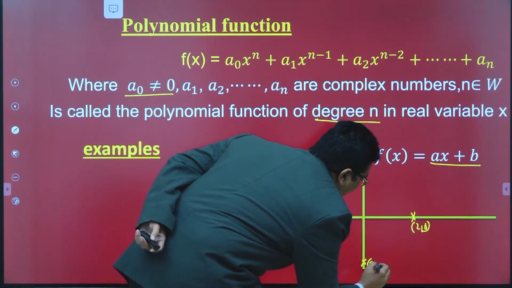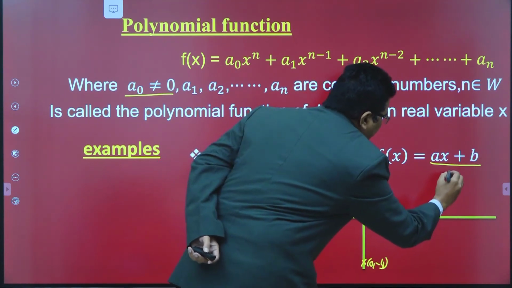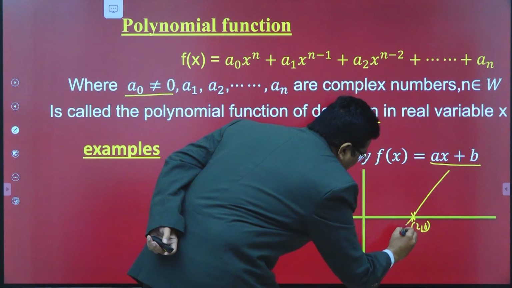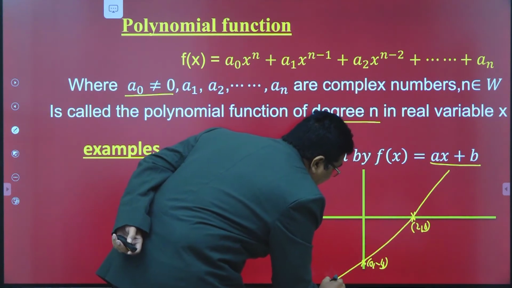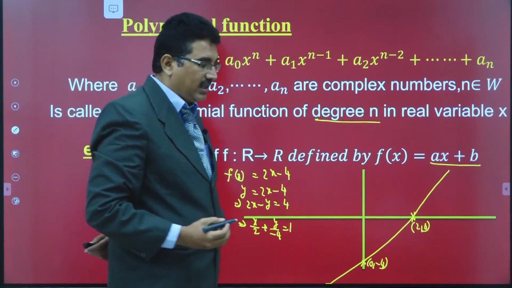Now, this is a straight line passing through these two points. This is a linear function.